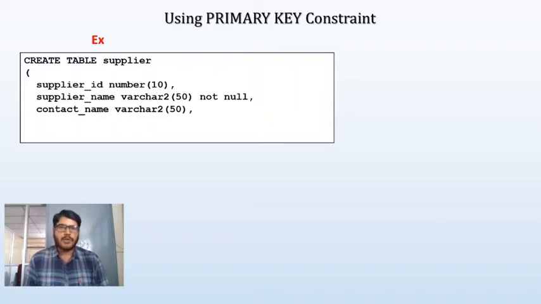And now, how to define the primary key constraint for supplier ID. I'm going to use a table level constraint definition to define supplier ID as a primary key. So how do we define a table level constraint?